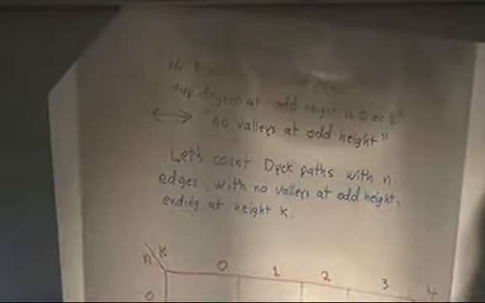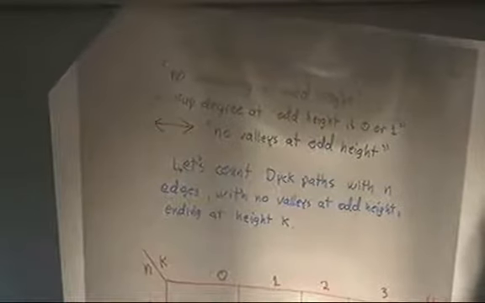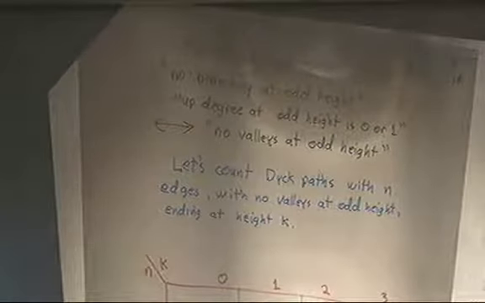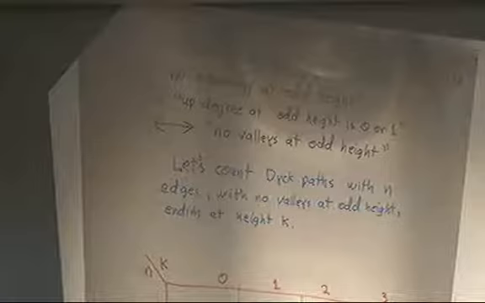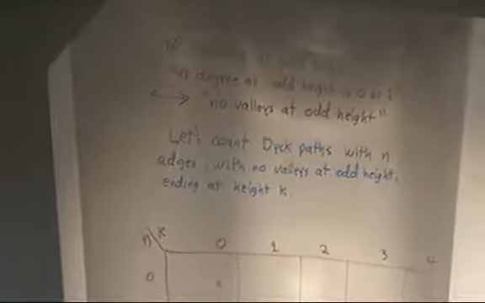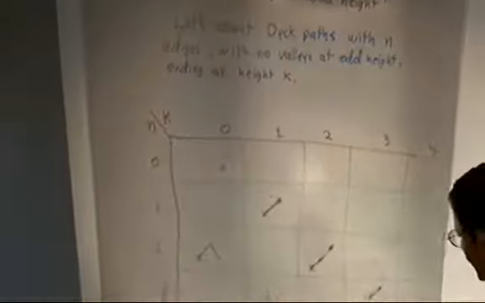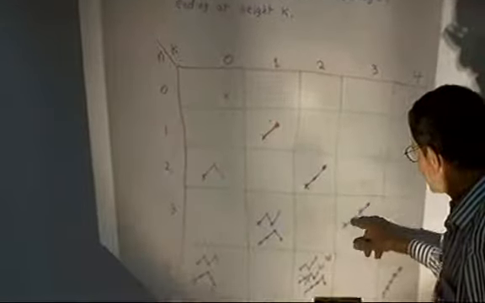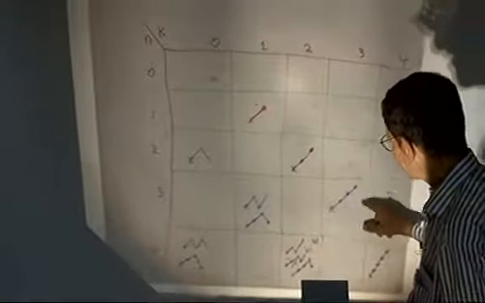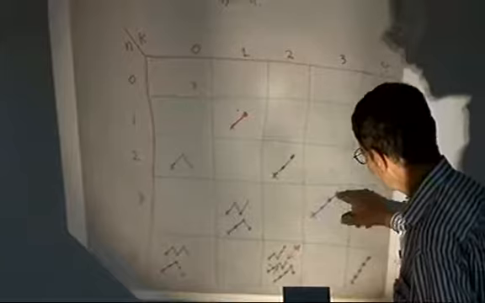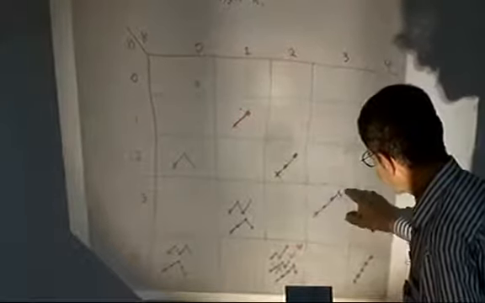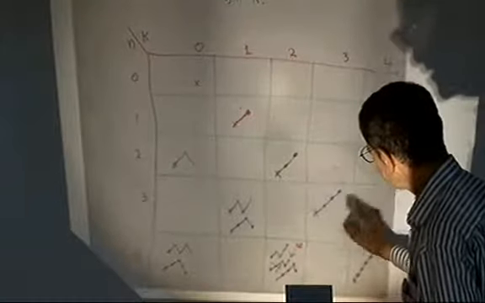And if we start graphing them, we have no valleys at odd height. Okay, so the first one that we can stick on an up step or a down step. If we add an up step, we move to the right.